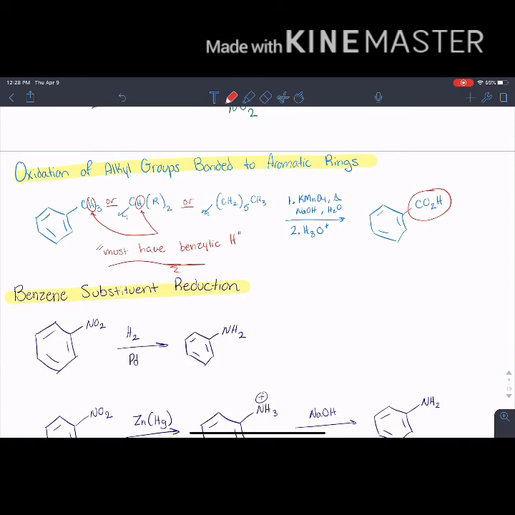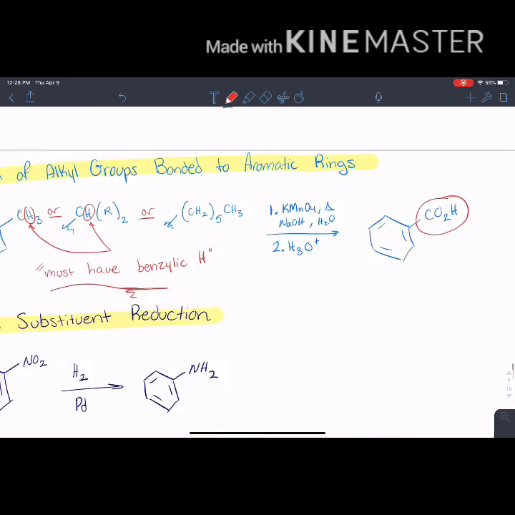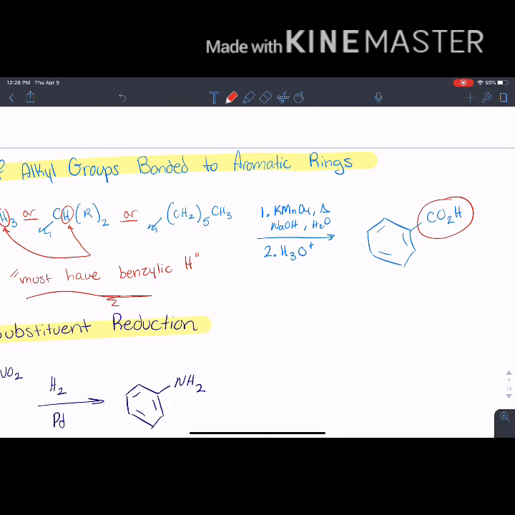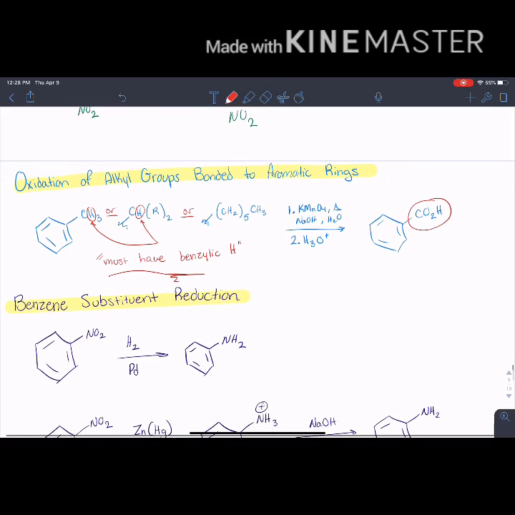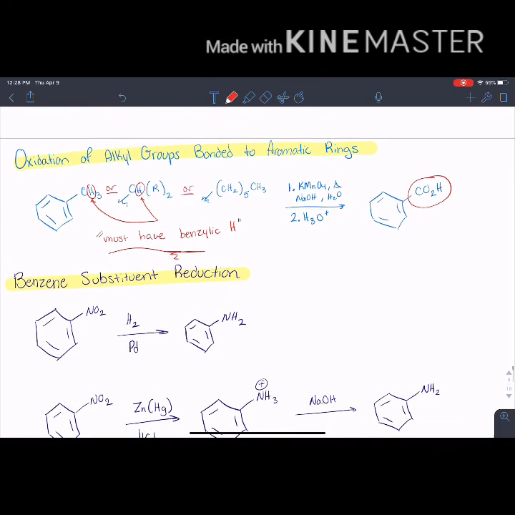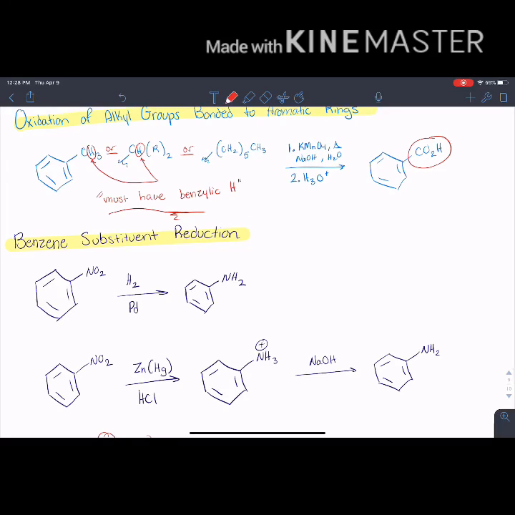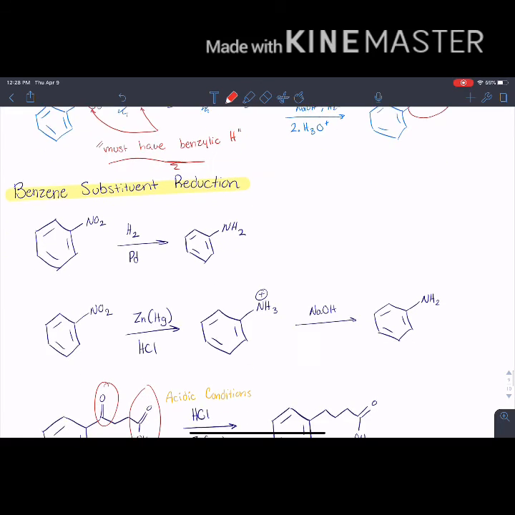So you must have a benzylic hydrogen that will then react with KMnO4, heat, NaOH, H2O, followed by H3O+. You need those two steps to be separate, right, or else it won't work. So I think that's the key thing that I like to take away: it must have a benzylic hydrogen. The reagents, with practice, you'll memorize and get down.